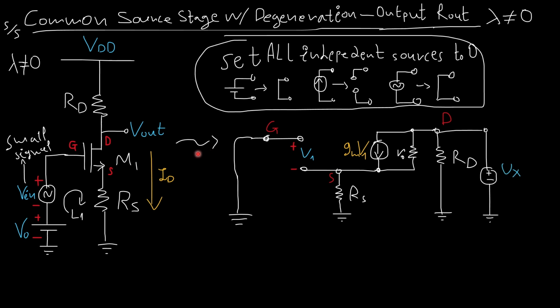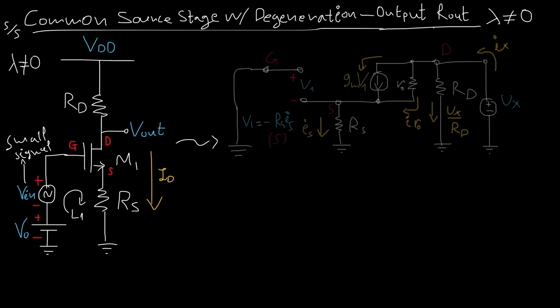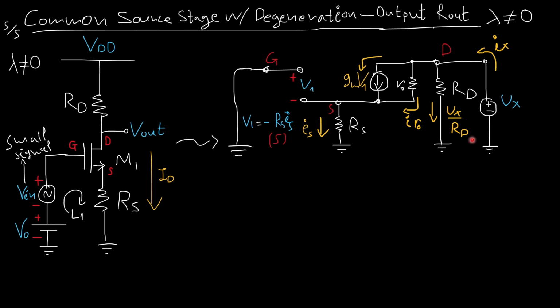And I put a voltage source between the drain and the ground of Vx. These are D connects to AC ground, everything is fine. I will write it up here, and I also put some currents here. This is the Ix coming out of my voltage source.